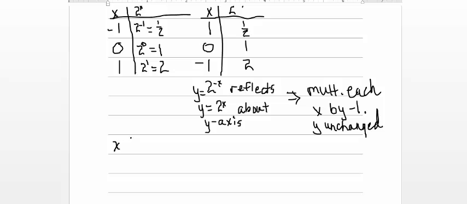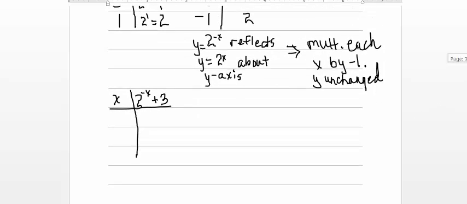And then finally, I'm going to incorporate the second part of the transformation. And that's where I add the plus 3. So in this particular case, there's no change to x from the previous table.